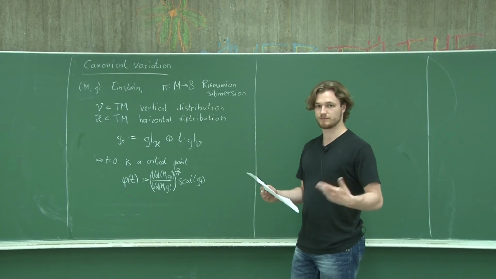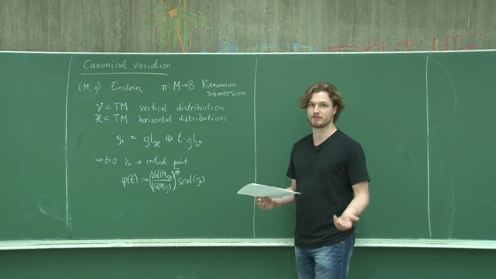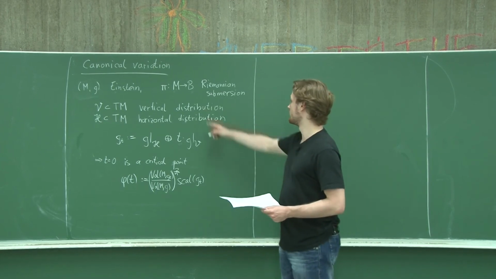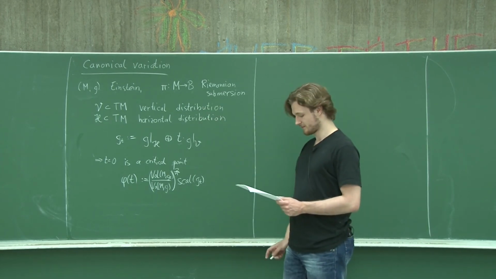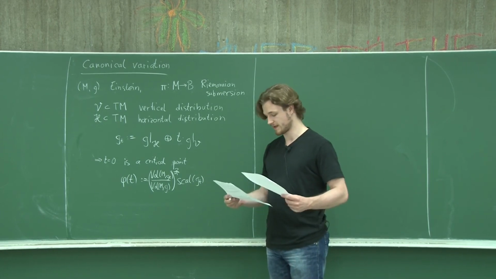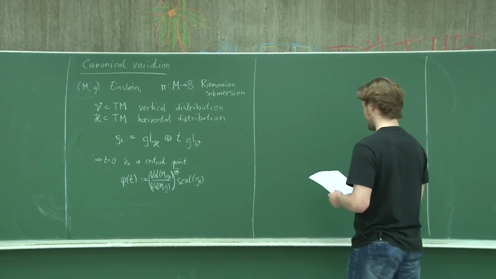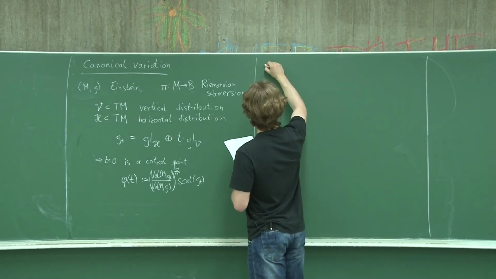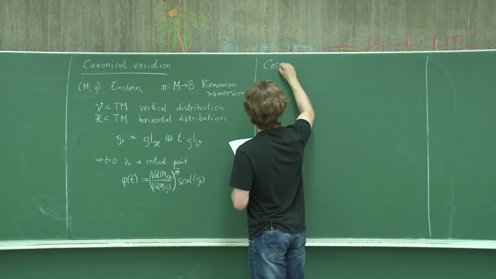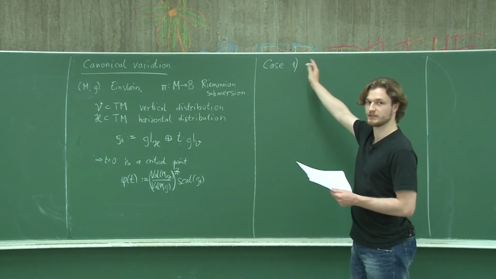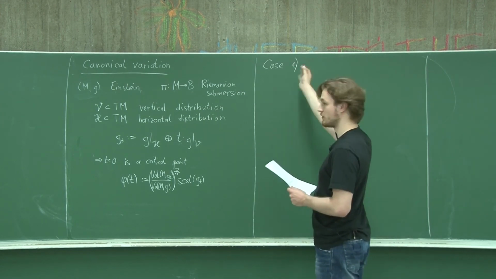And this behavior can be characterized by the dimensions and the scalar curvature of the base and the fiber, respectively. So there's one particular case I want to emphasize. So under certain conditions, I call it case 1, never mind that there won't be a case 2 in this talk, it's just one case that can happen.